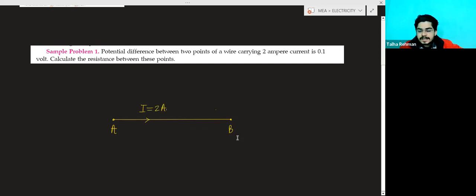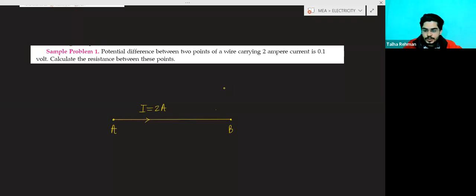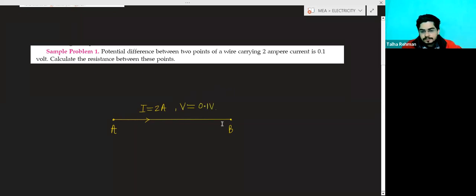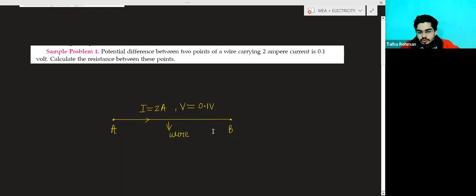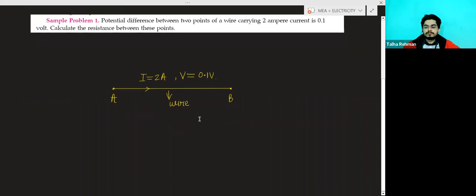Calculate the resistance between these points.